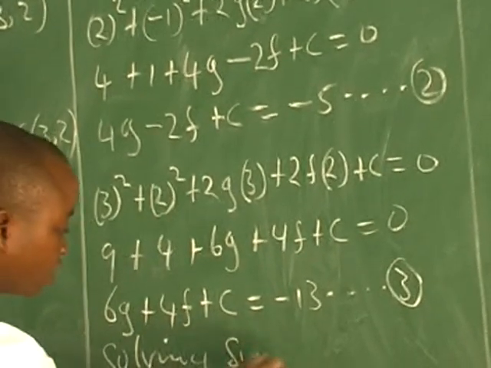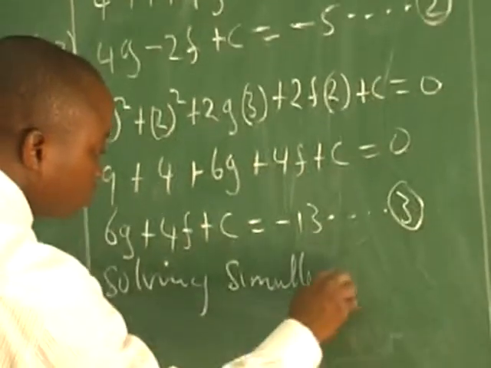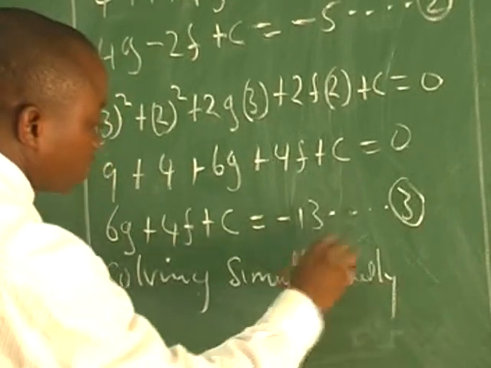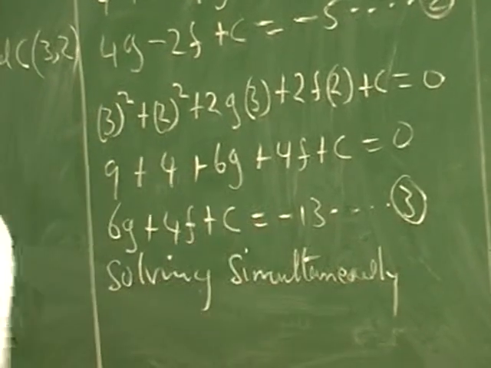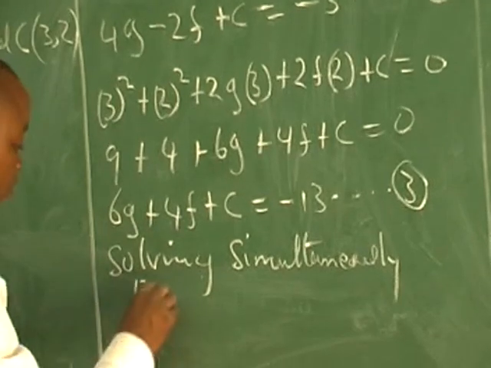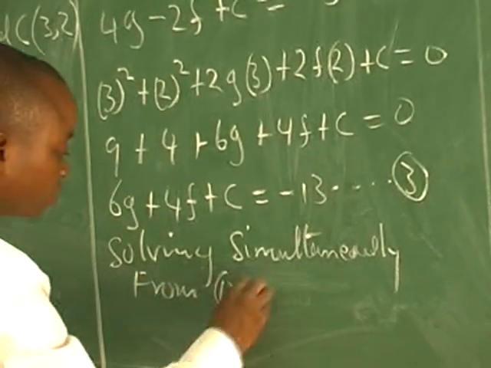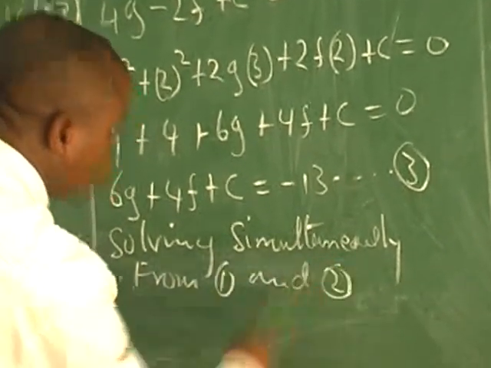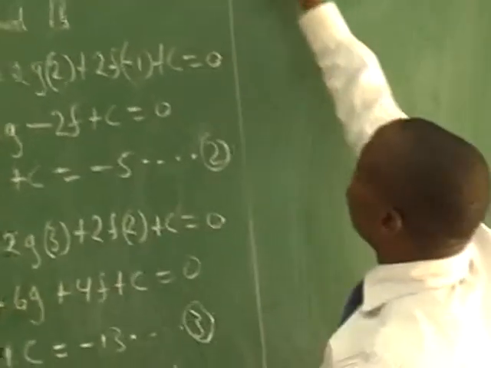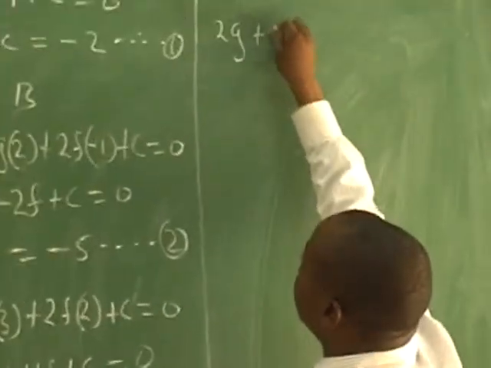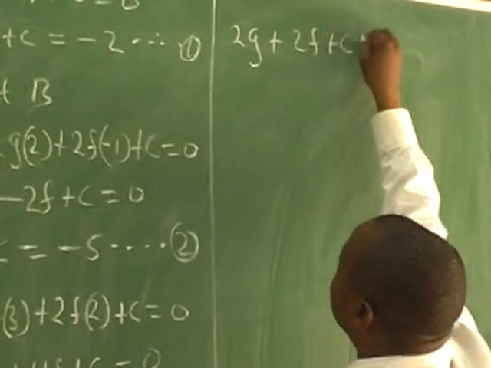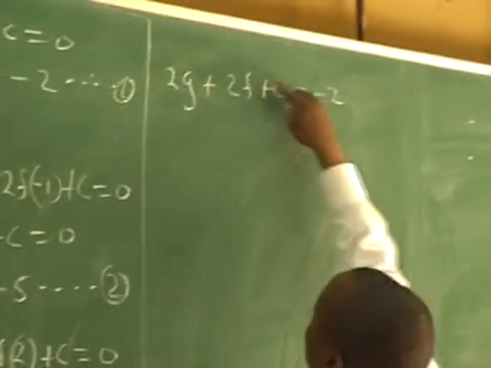Solving simultaneously from equation 1 and 2, then we'll have something like this. We are picking 1 and 2 first. So we'll have 2g plus 2f plus c equal minus 2.